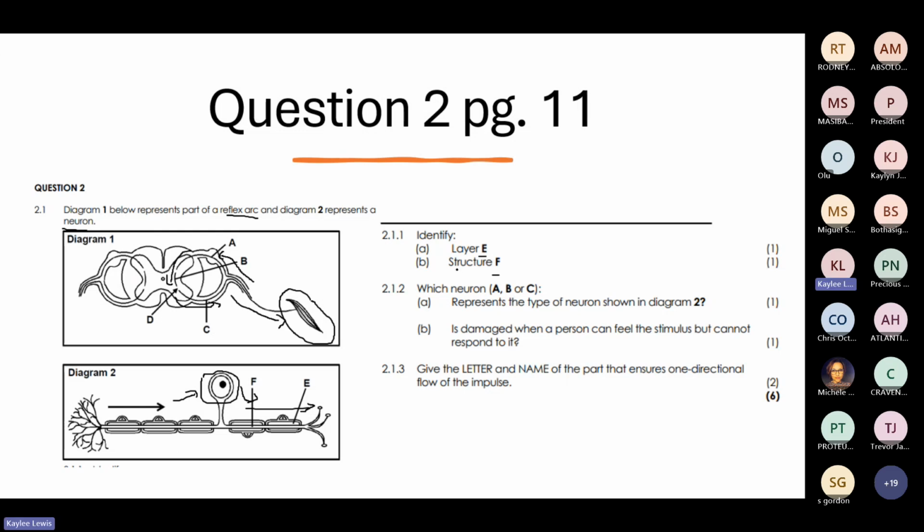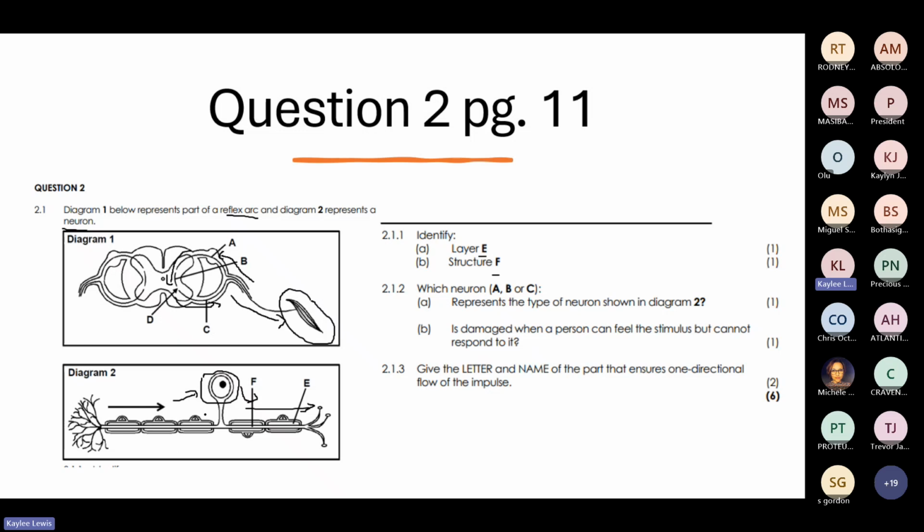Then 2.1.2 says which neuron, A, B, or C, represents the type of neuron shown in diagram 2. So in diagram 2, you would need to identify what type of neuron it is. We know this is a sensory neuron. How do you know that? Well, because there's a cell body with one outgrowth of it.